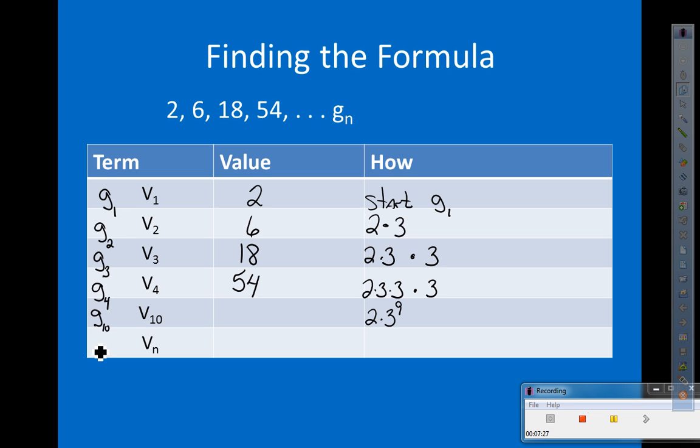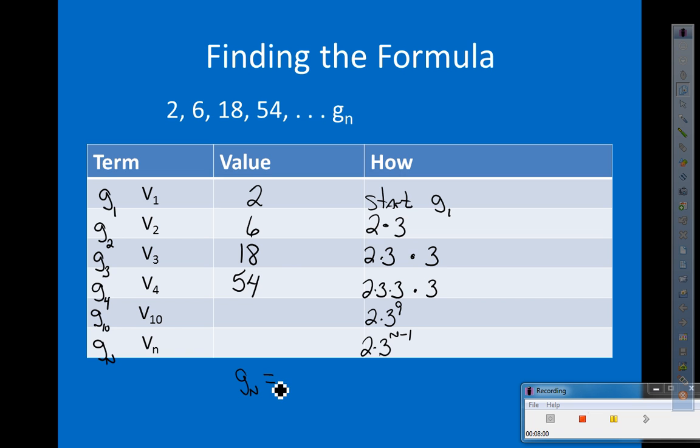For the value of any term I want to look at, here's how I'm going to attack it. I know there would be a 2 in there. I know there would be a 3 in there. Notice that the 4th term had 3 threes, the 3rd had 2, so I would have n minus 1. What I need you to do here is think about this, then I'm going to pause for a second and let you write this on your note card. But here's a formula.